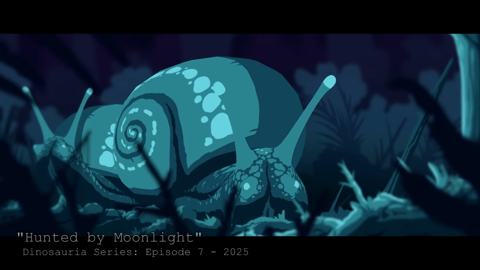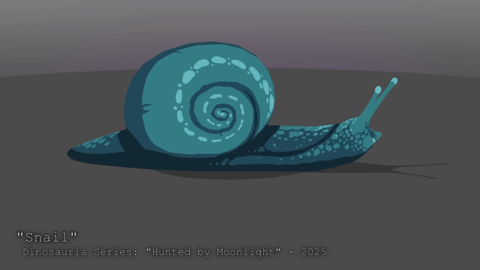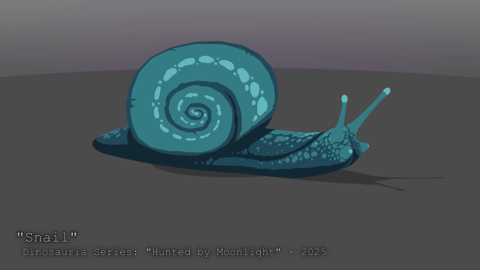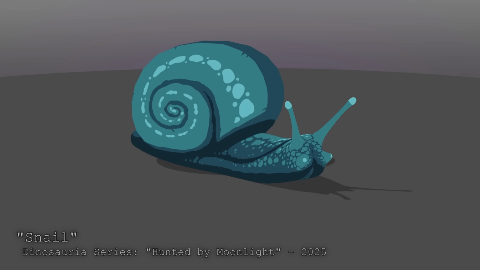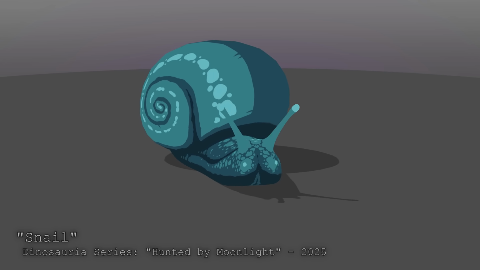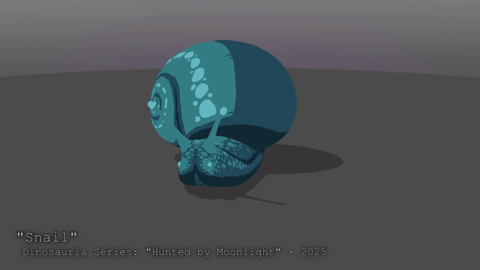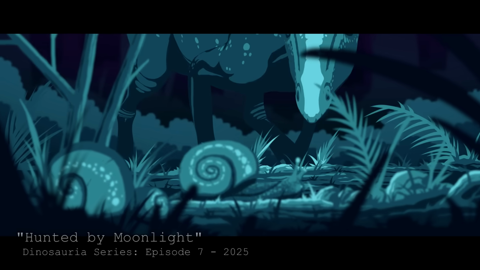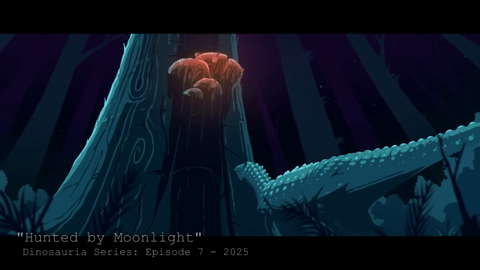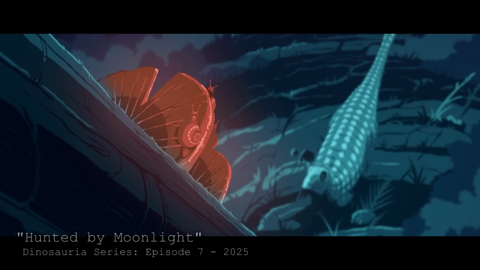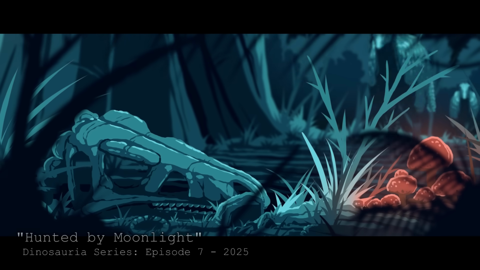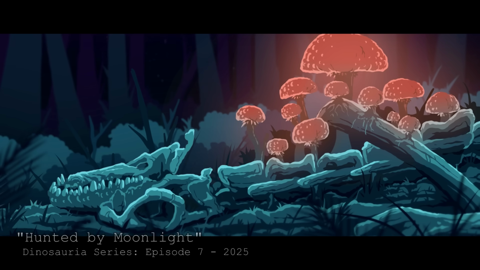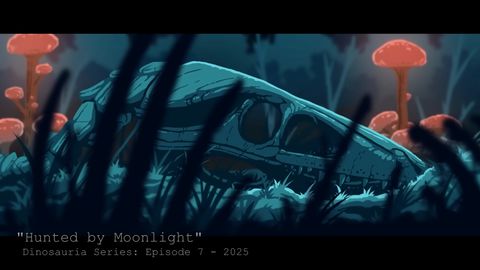Next, we have some snails, which were unironically one of the most enjoyable creatures I've had to create for this whole series. There's something genuinely wonderful about lovingly recreating an animal so regular. And finally, in the film we see the remains of a Scutellosaurus, multiple Ceratosaurus, and a single Kayentasuchus.